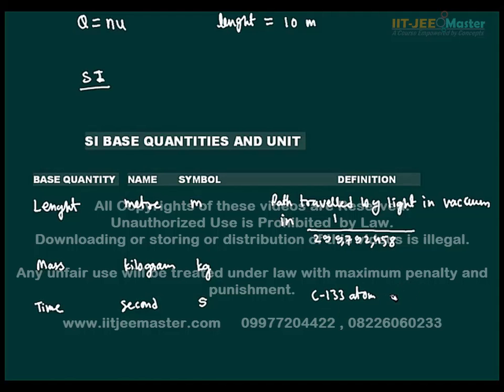The number of oscillations equal to 1 second is 9,192,631,770. This is the number of oscillations made by the radiation in 1 second.